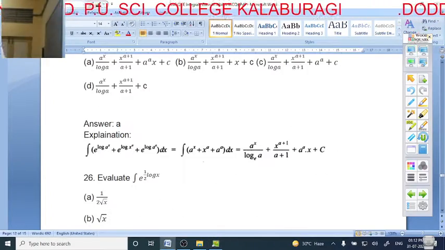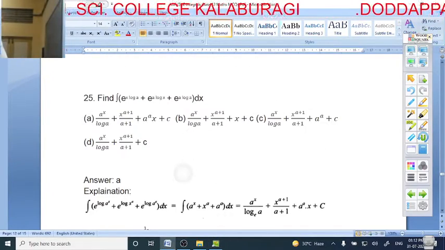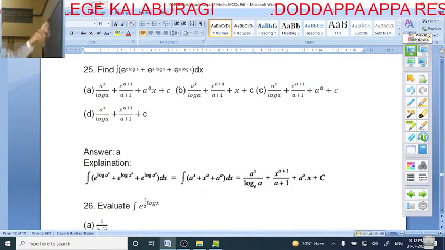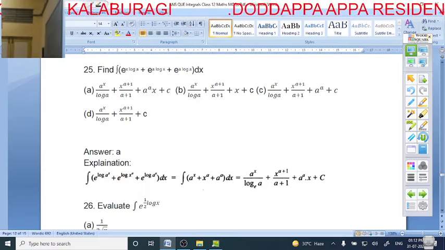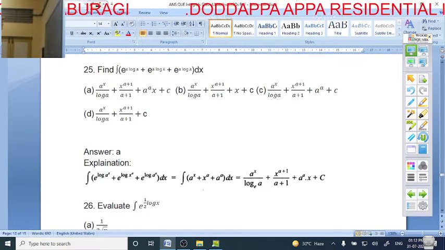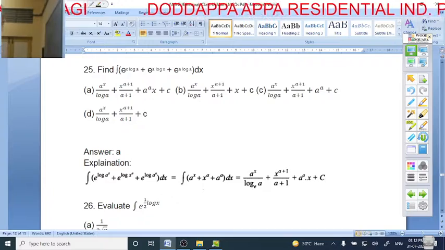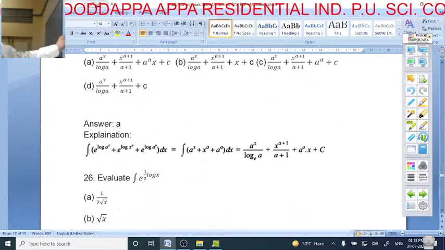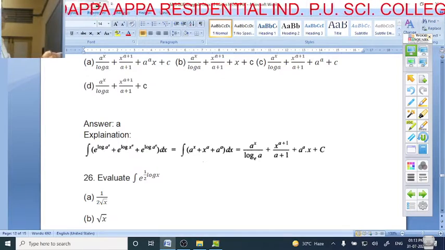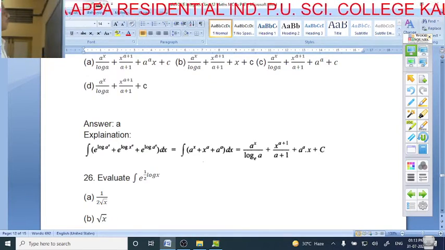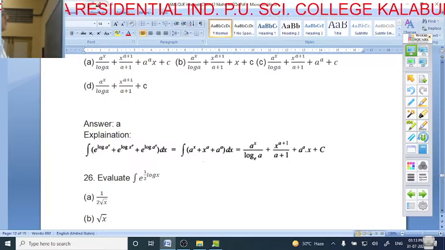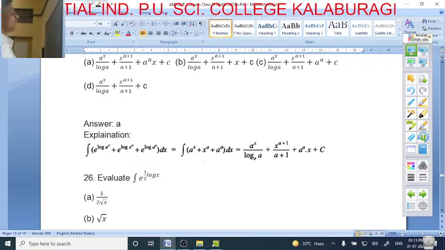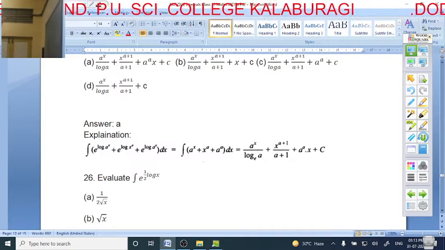Come to the next example, the 25th. That is integration of e to the power x log a plus e to the power a log x plus e to the power a log a. We can write exponential raised to log of a to the power x, exponential raised to log of x to the power a, and exponential raised to log of a to the power a.